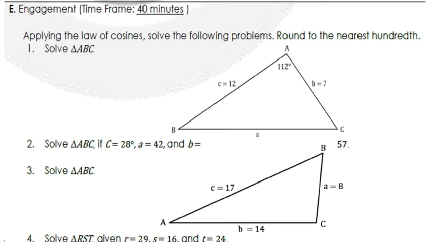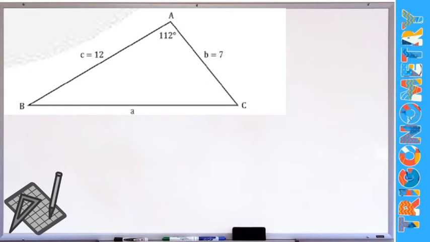So, engagement part number 1. So, we're given two sides and one angle. So, let's compute first for your missing side, which is side A. To compute for your side A, we're going to use A squared is equal to B squared plus C squared minus 2BC cosine A. Then, substitute our formula.